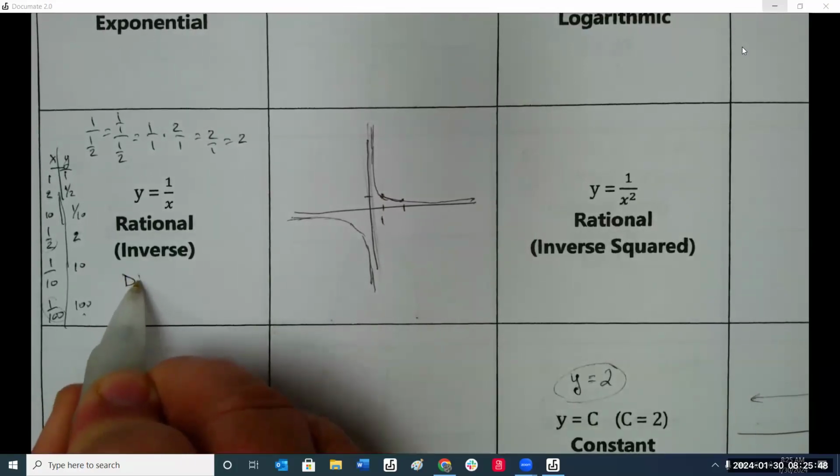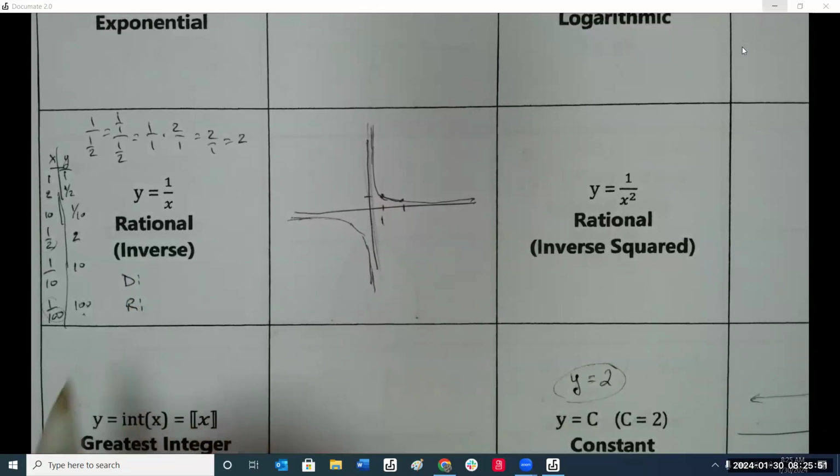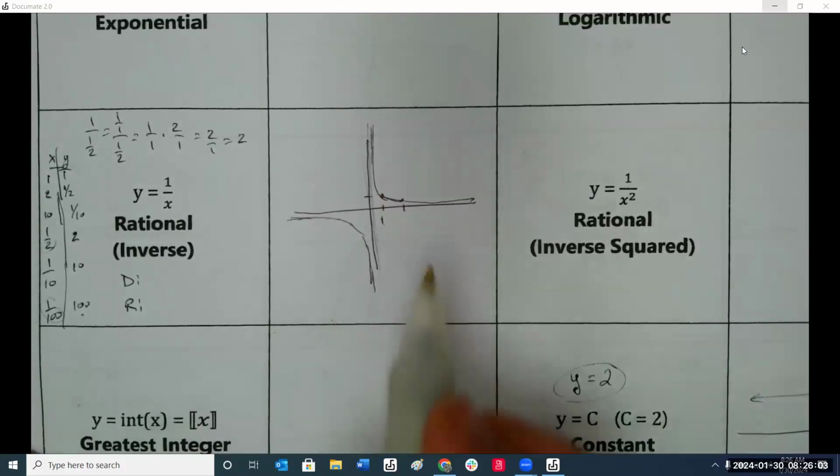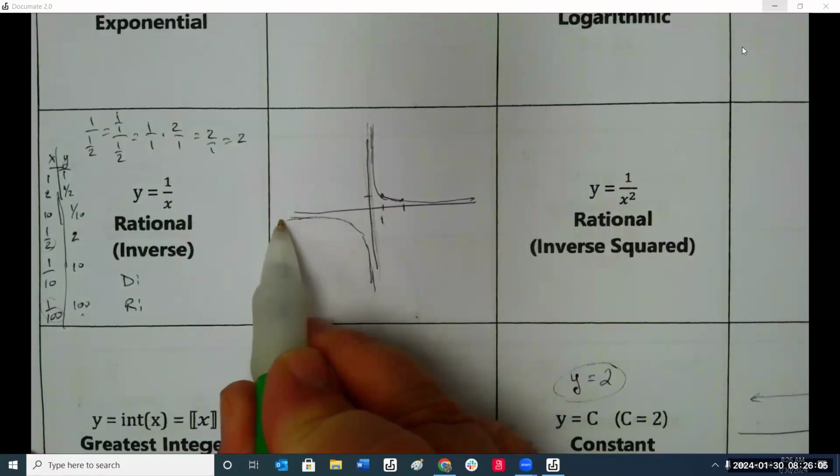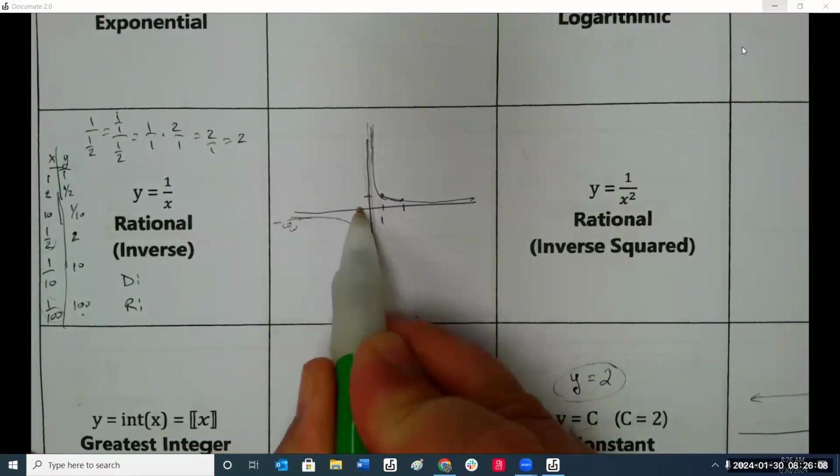What's the domain? Zero. Because as you look at the graph, we go all the way from negative infinity all the way up to 0.